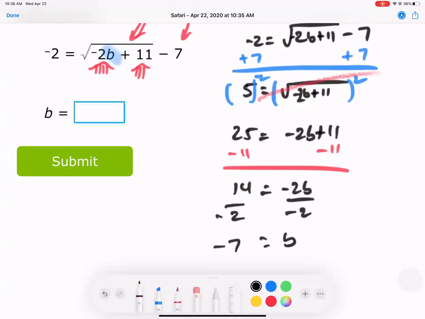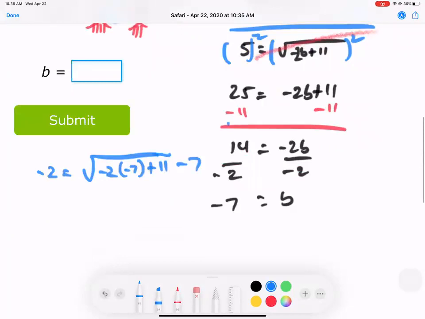So that's the most unlikely answer. I mean, well, all answers are possible. So let's actually just try it. Let's plug it in and see if this worked out. -2, does that equal the square root of -2 times b? We said b was going to be -7, plus 11, minus 7. So let's work out this problem. -2 times -7 is a positive 14.